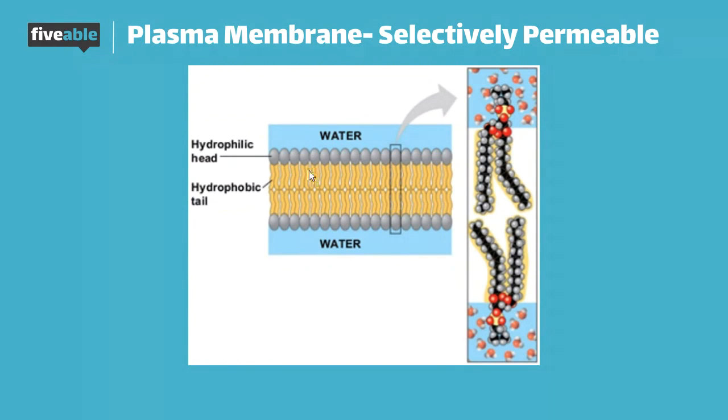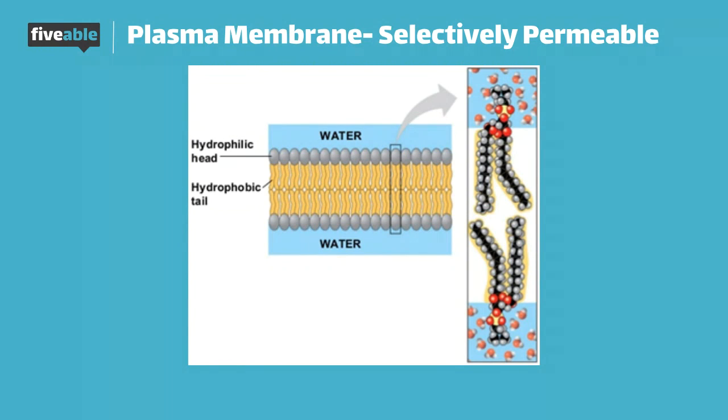Now, I told you these guys were very closed-minded, these little kraken tails, these little hydrophobic tails, but they're very accepting of their own kind. So if something else is also hydrophobic, or if something is non-polar, that means it shares its electrons equally, right? Those things can freely move through the membrane. So things like oxygen and carbon dioxide, very important reactant and product of cellular respiration, which we'll talk about next week.